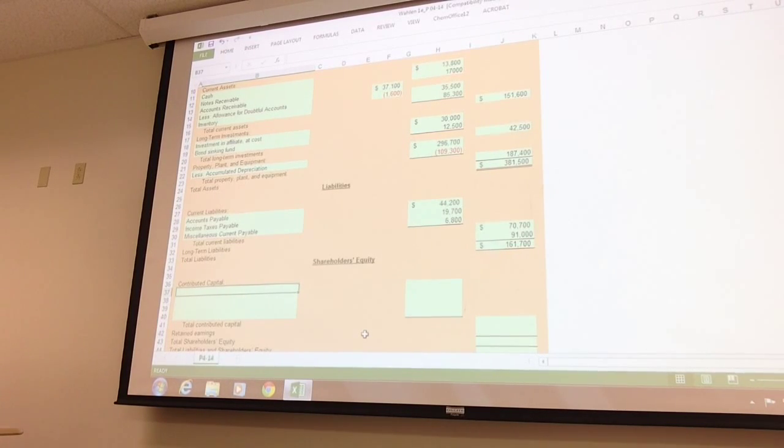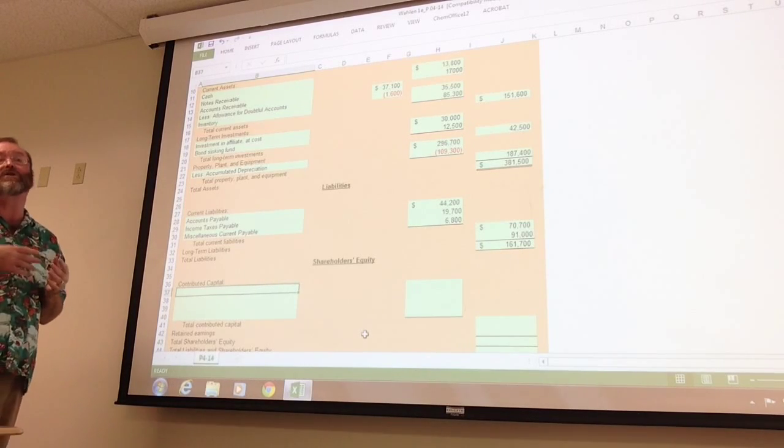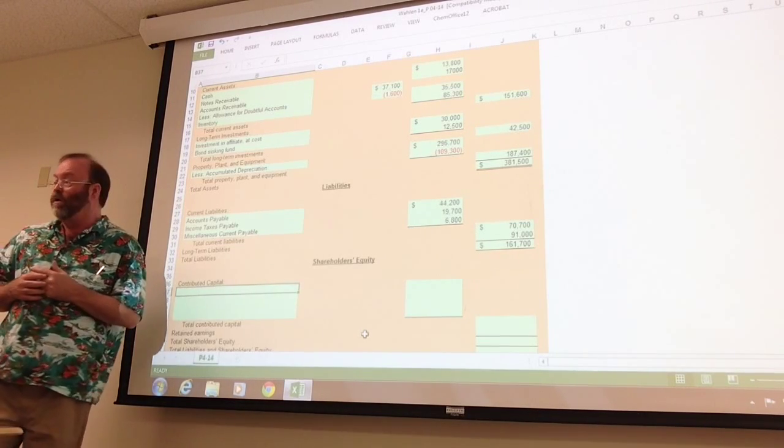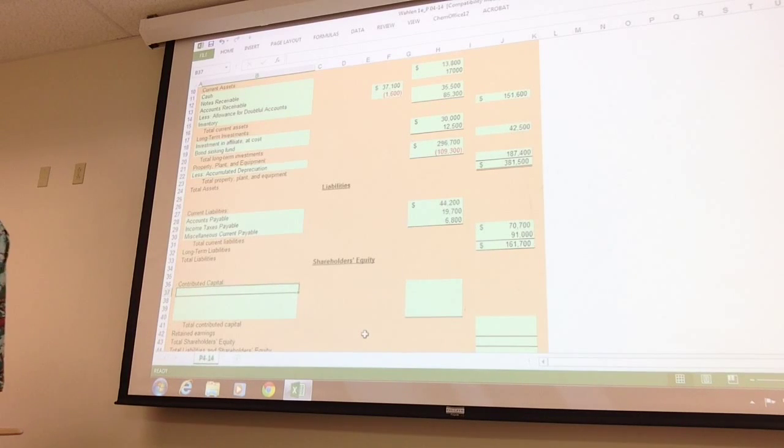So what you need to do with that is compute how much goes into the par account, common stock, and how much goes into additional paid-in capital on par, because it's not up here in your, oh yeah, it is. It's up there in the 80,000.